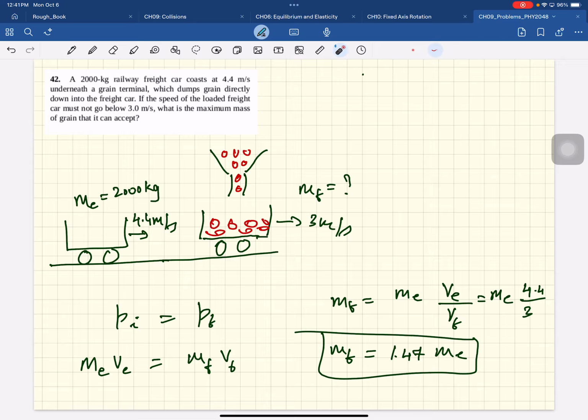Okay, so the mass increased by 47%, roughly 50%, roughly 1,000 kg. You can calculate that accurately. So that's how much grain you put, roughly 1,000 kg.